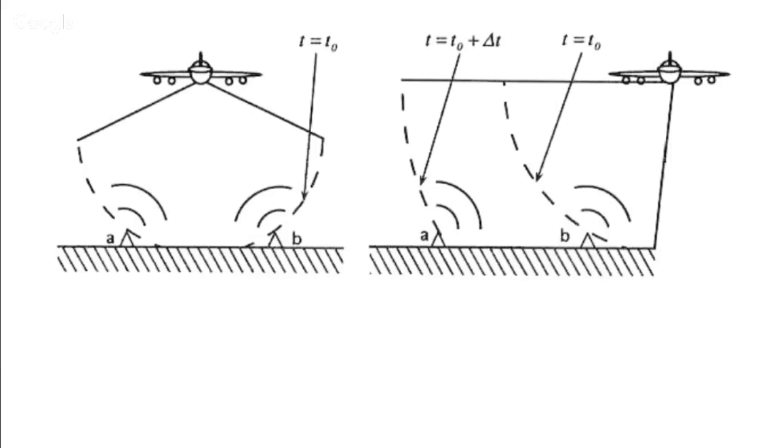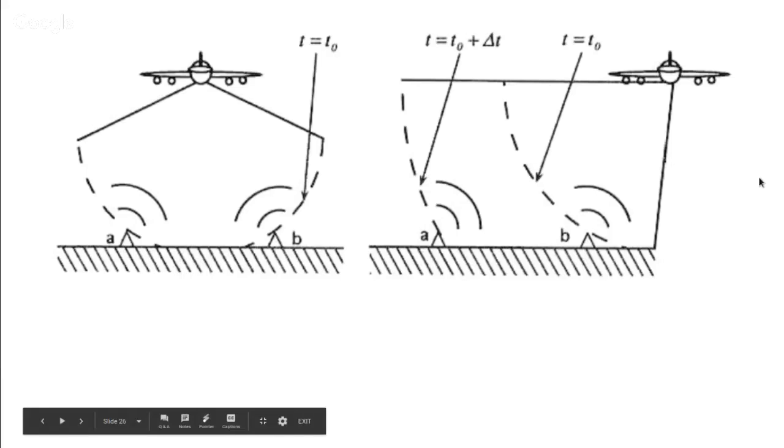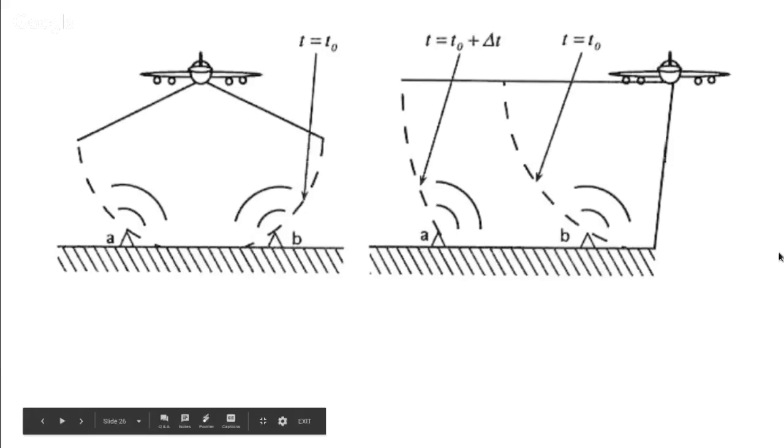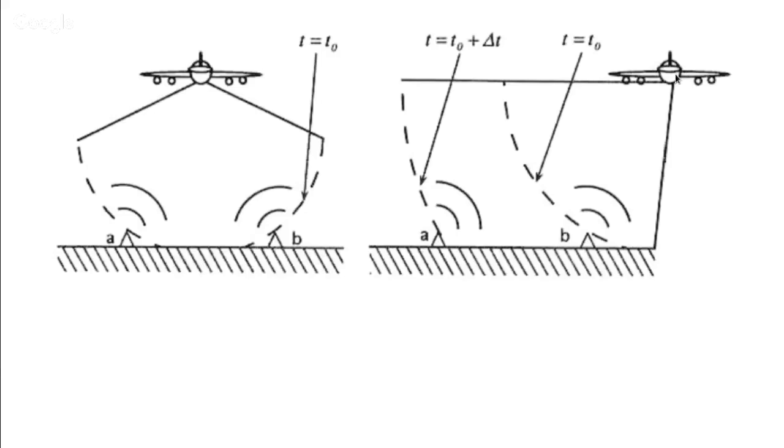In the scenario on the left, when you transmit the signal and sense the received signal from A and B, if they are both at the same phase, then you won't be able to detect the difference between the two. However, in the scenario on the right, the signal is being transmitted in a slanting direction, while the shuttle is still flying over the ground.